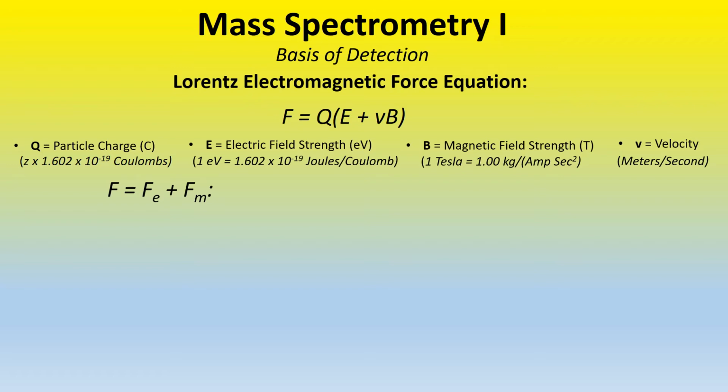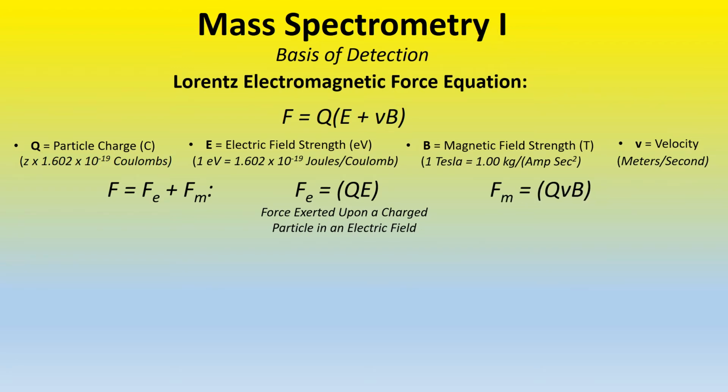The force is equal to an electric force, F sub E, and a magnetic force, F sub M. The electric force is Q times E, which is the force exerted on a charged particle in an electric field. The magnetic force, Q times the velocity times the field strength B, is the force exerted upon a charged particle in a magnetic field.